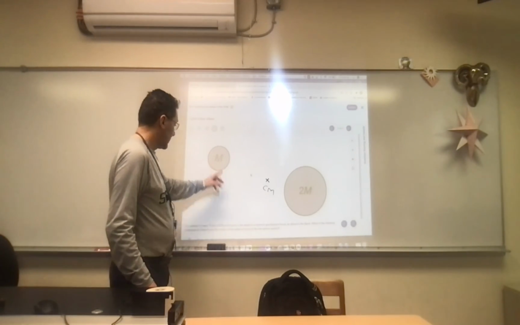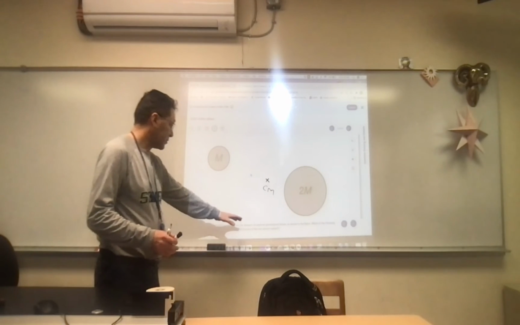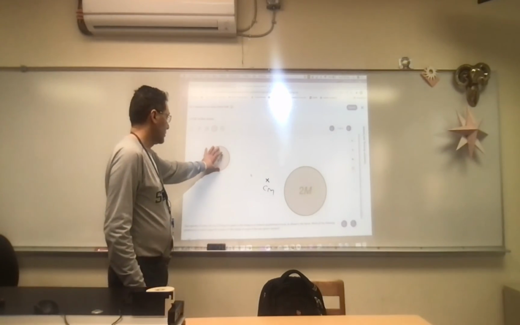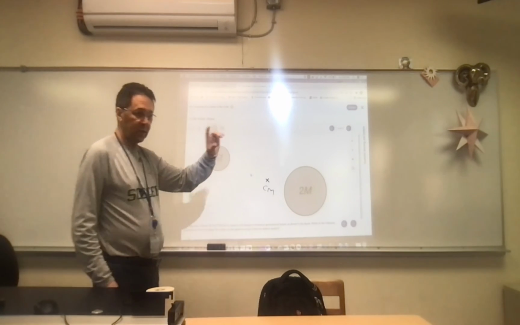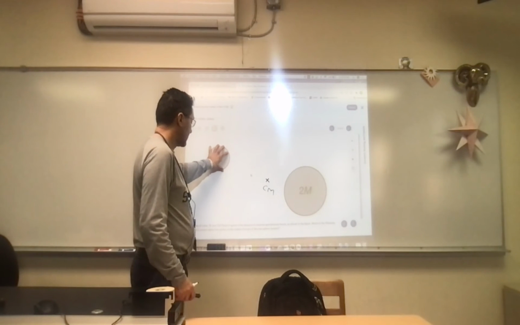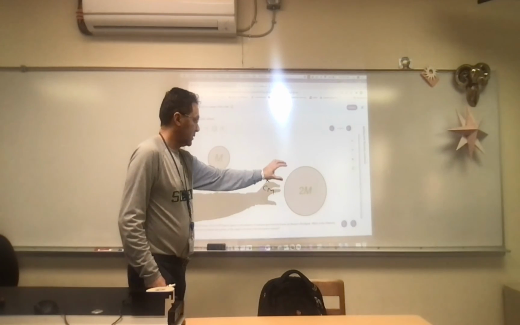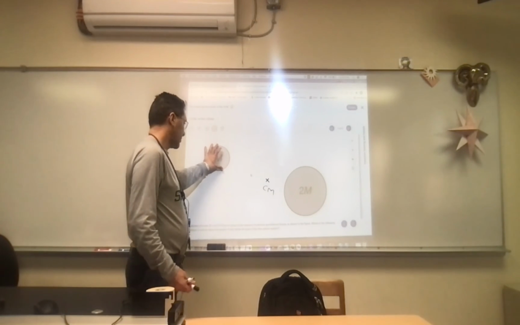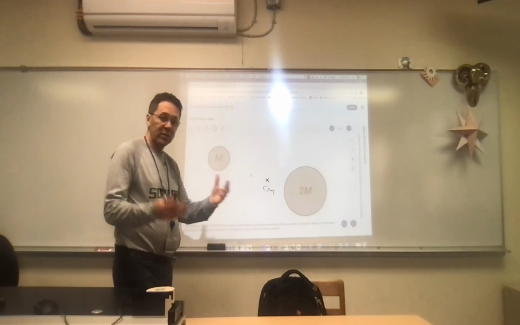Now, it says they're just floating there in the absence of external gravitational forces. Now we know from Newton's third law, and we're going to learn that in the next unit also, that this mass exerts a force on that mass, and that mass 2m exerts an opposite force on m, right? Those are internal forces.